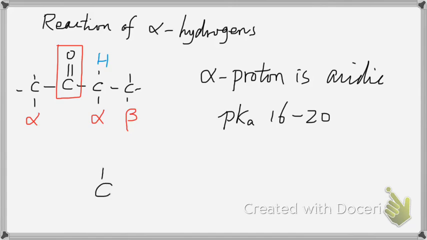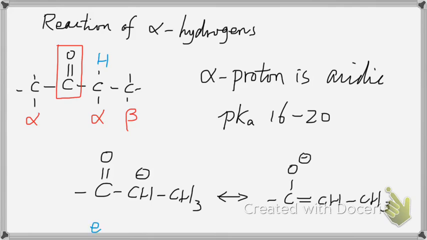If the alpha hydrogen is removed, we will have an anion on the alpha carbon. And because it's on the alpha carbon, it has the C=O double bond right next to it. We can draw the resonance structure in which the oxygen helps to share the negative charge.